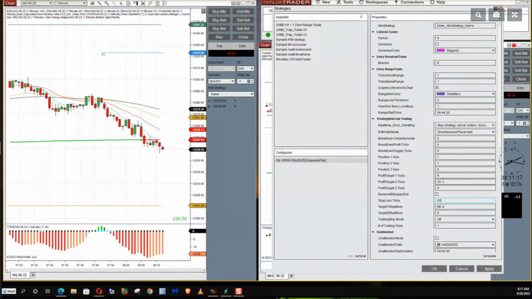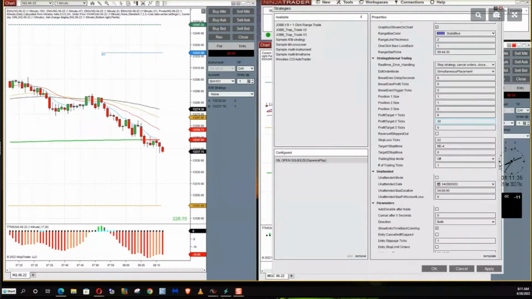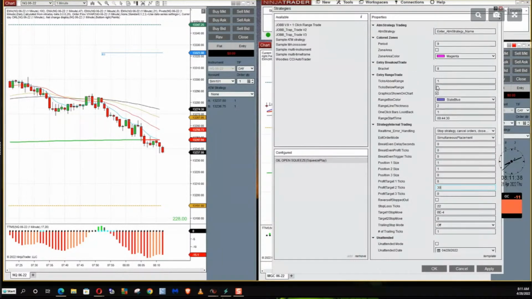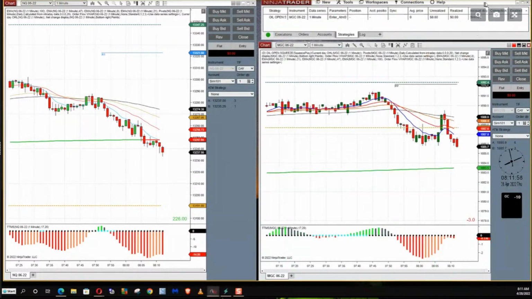So I'm looking for 8, and I'll cut my second target in half to 30. The stop is 22, which I think is pretty close to fitting the ATR that I have. And I always use the range 1, 1, and 1. One click bar look back is a 1, and ticks above the range and below the range are a 1. Stop of 22, targets of 8 and 30. And I'm moving my stop to break even -4 if my first target gets hit, using the target 1 stop move part of the strategy.